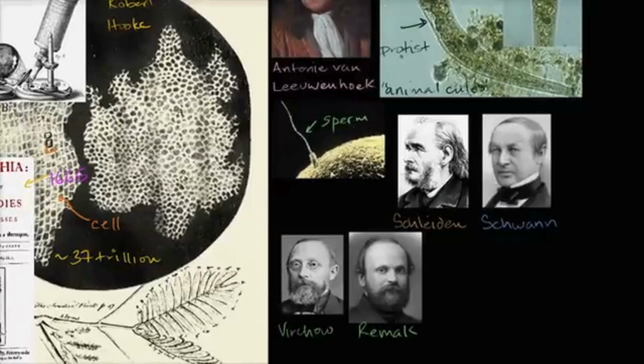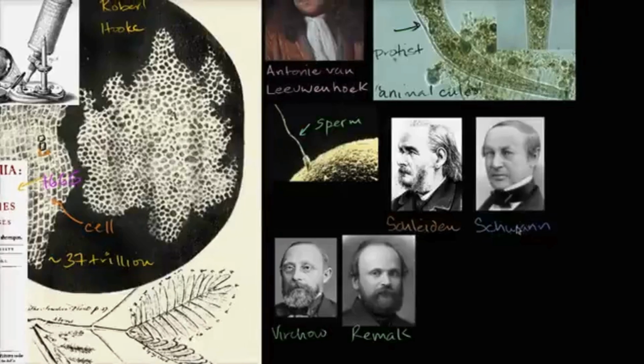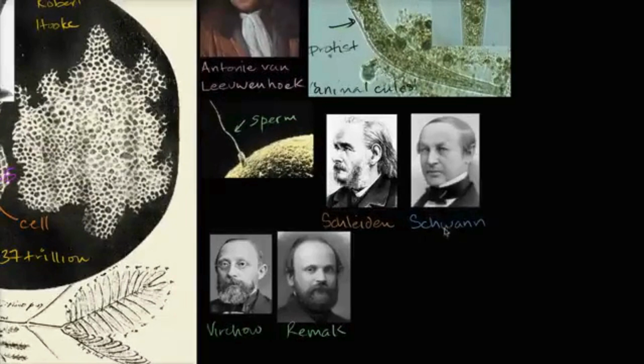So if we fast forward to the 1830s, these two gentlemen, Matthias Schleiden and Theodor Schwann, come into the picture, and they're the ones that start laying the foundation of what we could call modern cell theory.